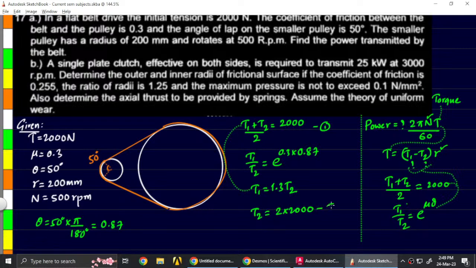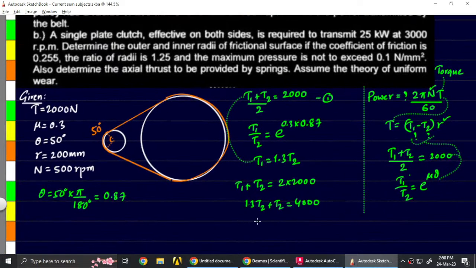Let's keep T1 on this side itself: T1 plus T2 equals 2 into 2000, that is 4000. So T1 is 1.3 T2 plus T2, that gives us 4000. Adding this, we get 2.3 times T2.